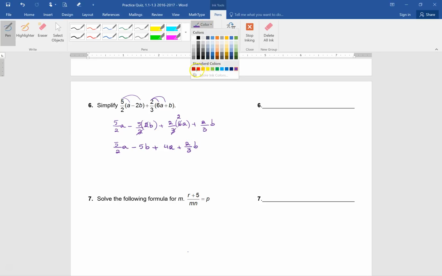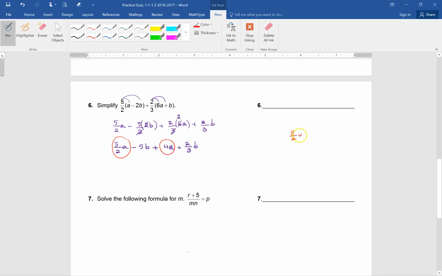Now, I'm going to combine like terms. 5 over 2A plus 4A, right? So let's go here on our scratch paper. Common denominator is 2. So here I get 5A plus, if this is over 1, then I get 8A.